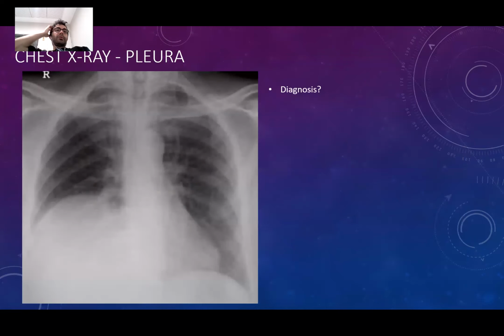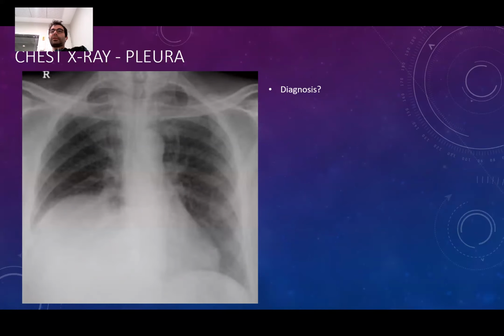Can you see anything abnormal here? The right hemidiaphragm is markedly elevated, right? And it doesn't really look like an effusion, by the way, because we can see the costophrenic angle. Listen, this can be pleural effusion too. Some effusions look like this. They lift the lung to some area, but the edge usually sticks to the pleura, and it looks like this.